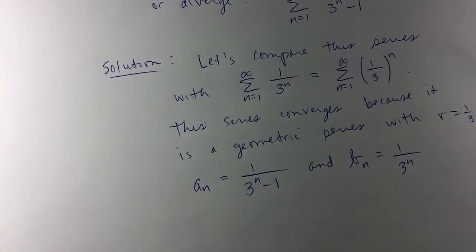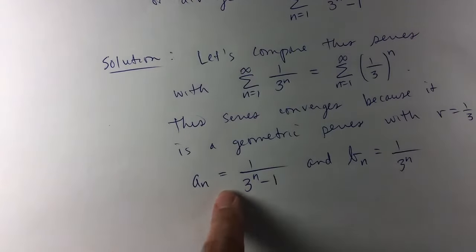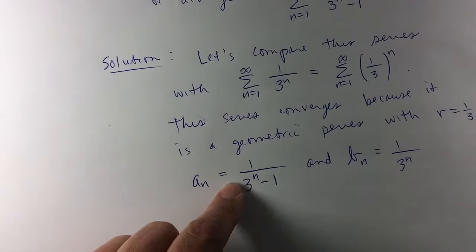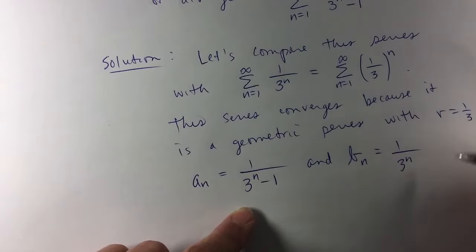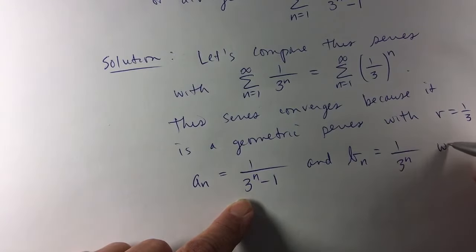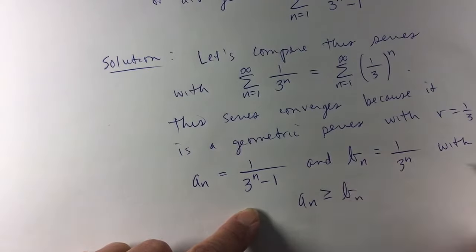Inequality-wise, how do they fit together? Which one's bigger? A sub n's bigger. Because for A sub n, the denominator is a little bit smaller, which means the fraction's bigger. So I have A sub n greater than or equal to B sub n.